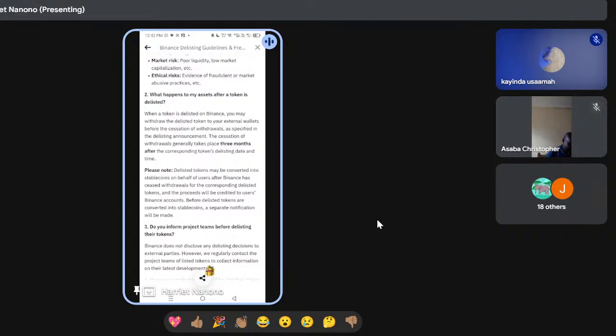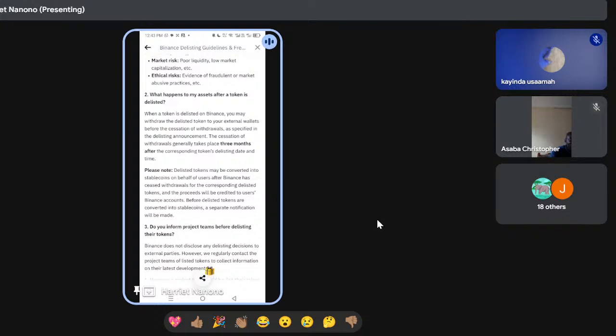After the 3 months, if you did not withdraw or convert, the exchange will help you convert it to stablecoins. We basically have two stablecoins, USDT and USDC.